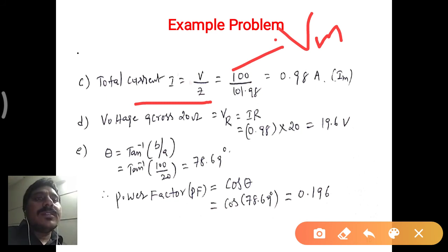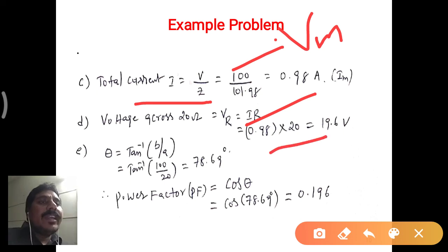Voltage across 20 ohms: VR is equal to I into R. Already calculated current is 0.98 and the resistor value is 20, so that voltage is equal to 19.6 volts.